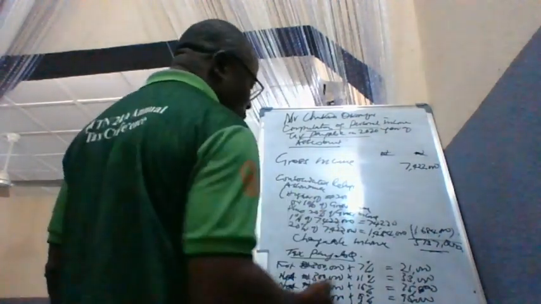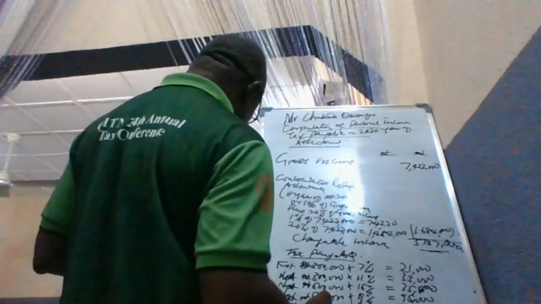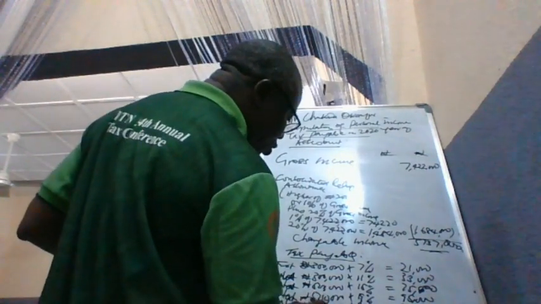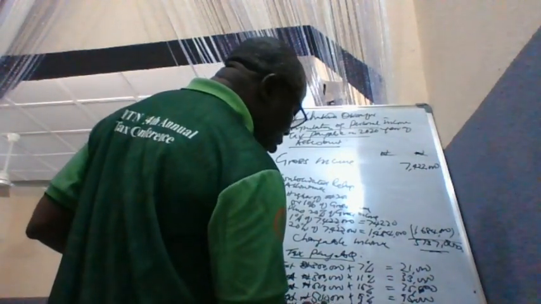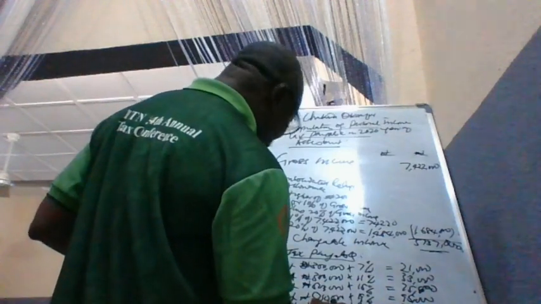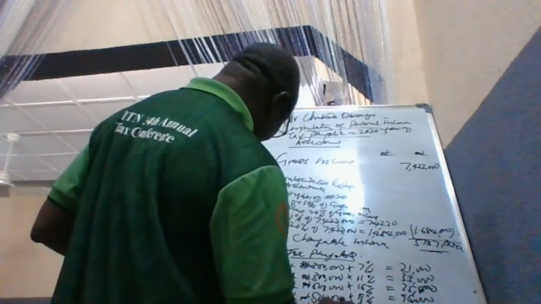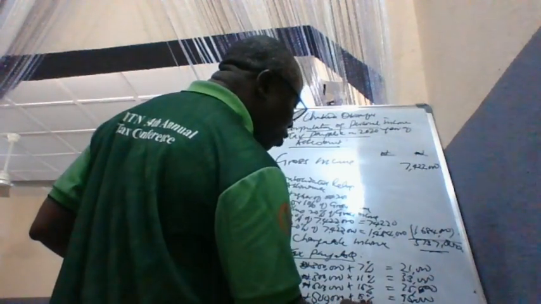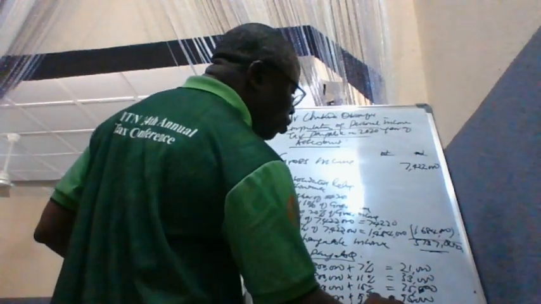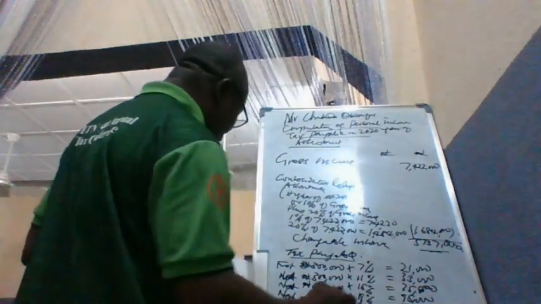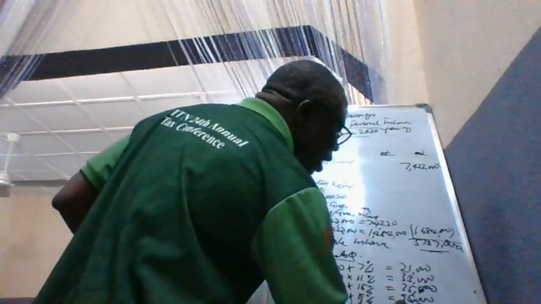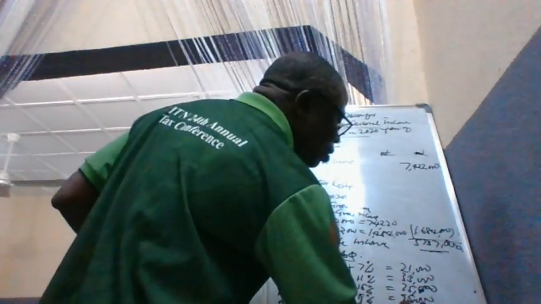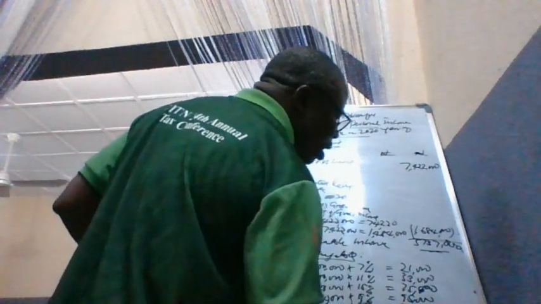If you subtract from this, you are going to have 2,537,600 times 24%, which will give you 609,024 naira.